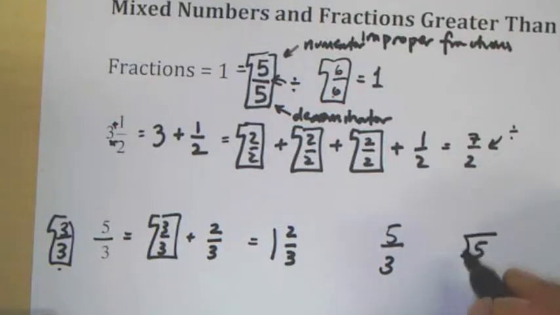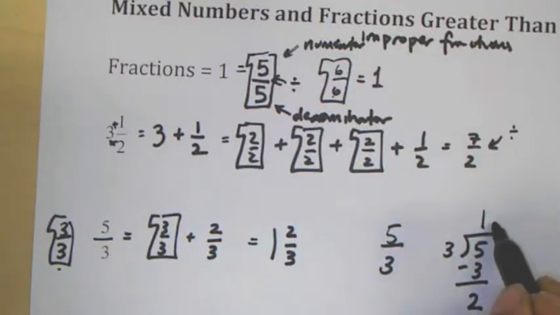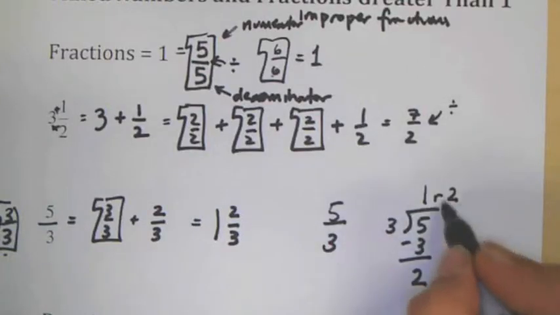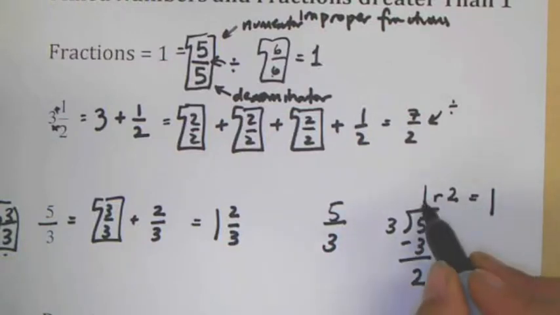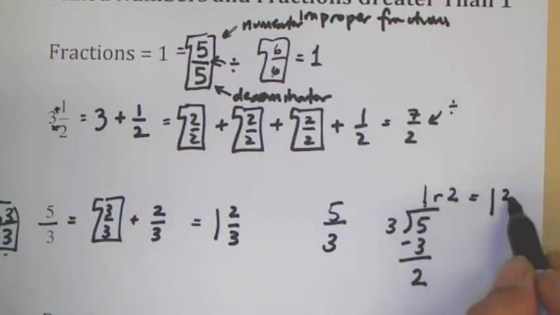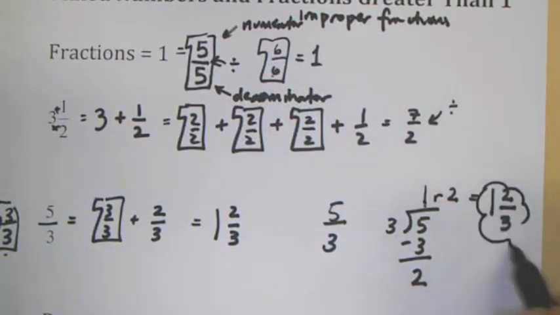So if I go 5 divided by 3, 3 goes in 1 whole time, and then I've got 2 parts over. So if you remember, in elementary school, you'd write remainder 2, but we're writing this remainder as a fraction because it's a part of a whole, so 1 whole and 2 parts left over, and each part is out of a whole that's cut into thirds.